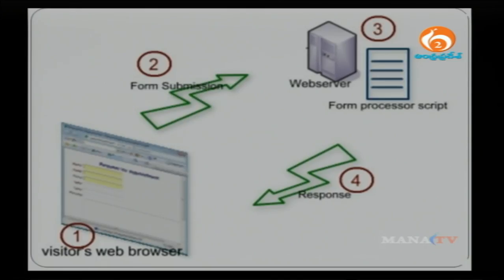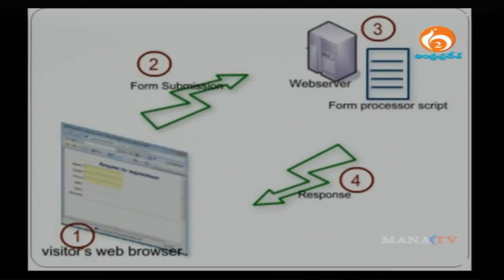So this is the way we will do some exercises, and we will do some form submission to a web server. So this is the graphical way. You can see a user has inserted some data in a web browser. You can see some kind of form there, some text box. Then you can insert some data. Then the form will submit to the web server where the form processing script exists.